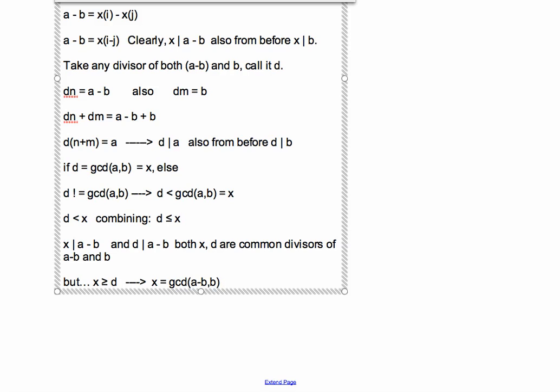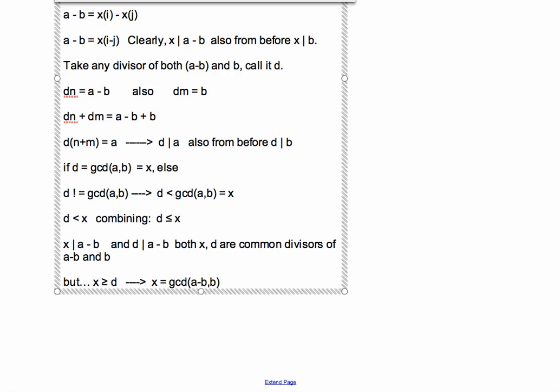But the point here is that we just showed that if X is the greatest common divisor of the first two numbers, when I subtract the one from the other, the greatest common divisor of those two new numbers is the same. Okay? The advantage here is that A minus B is a smaller number. So we just made the numbers smaller.